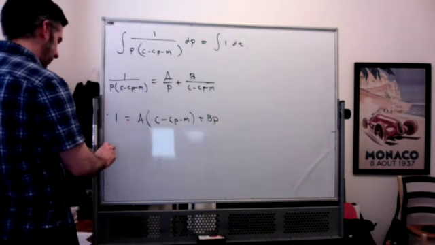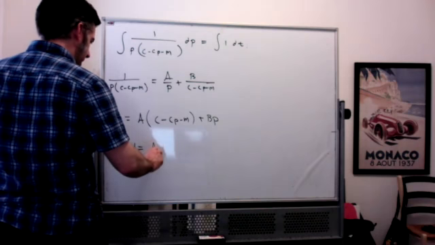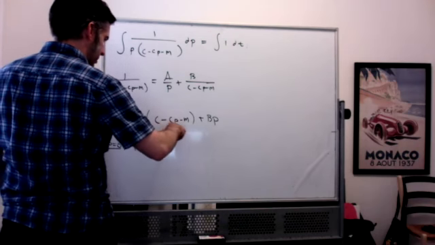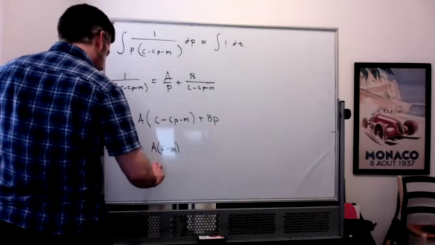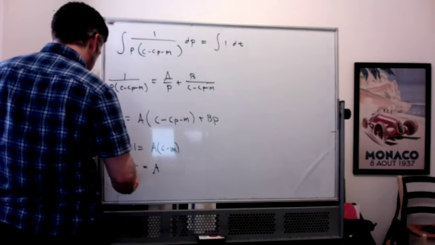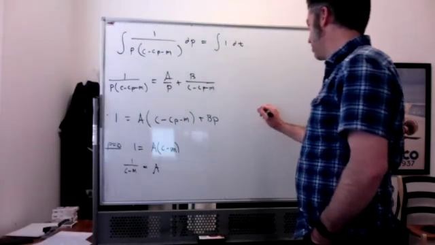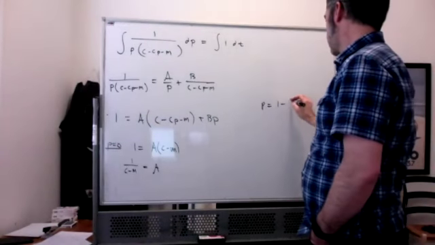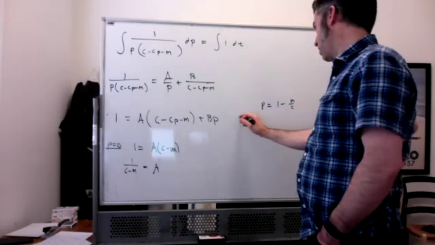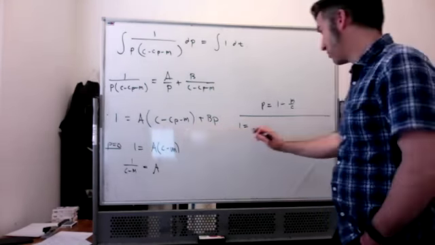All right, let's pick the easy one first. P equal to 0. We get 1 equal to A times (C minus 0 minus M) plus 0. So A is 1 over (C minus M). Great. And then picking P equal to the other value, 1 minus M over C, we end up with 1 equal to, this should be 0, but let's check to be sure.